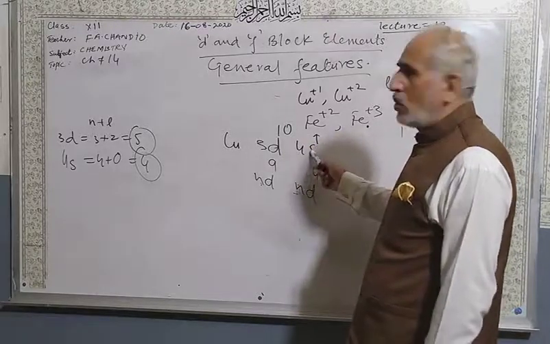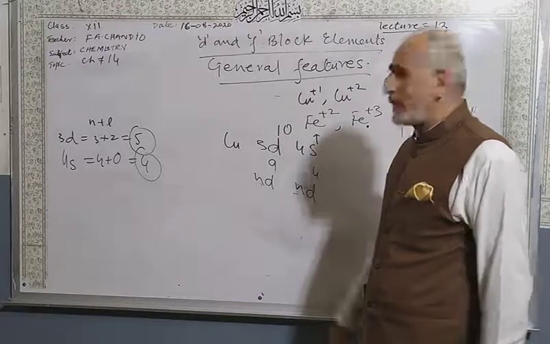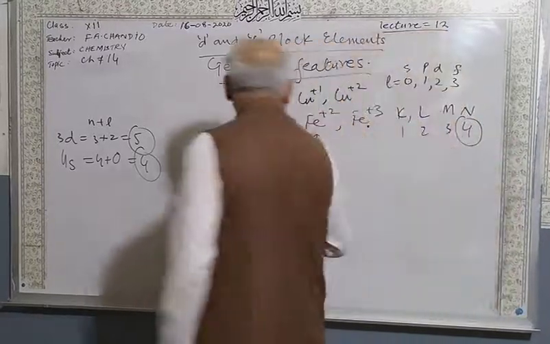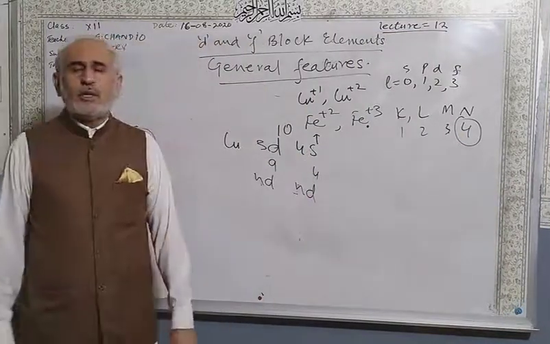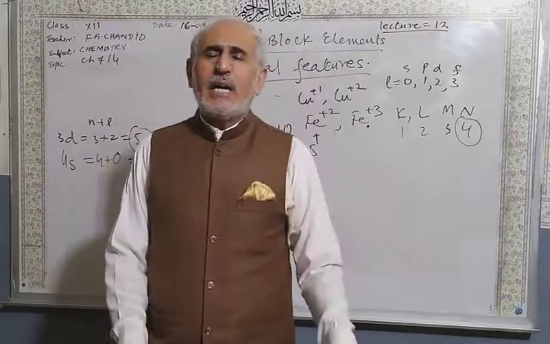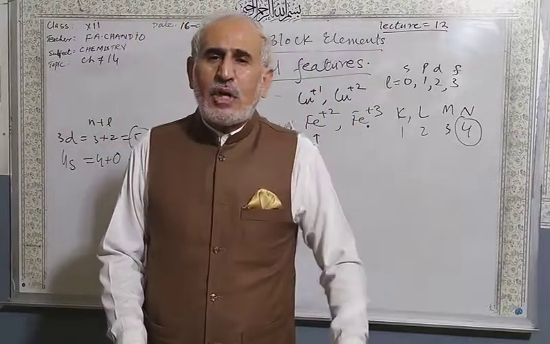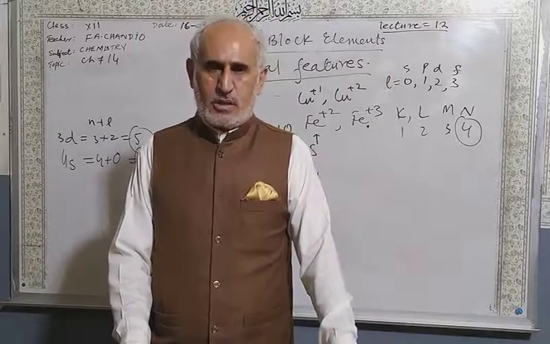There are 2 in s, so you remove 1 electron from here and make it 10. Same here: shift an electron from s to d to make 5. So please make 5 and 10 if there are 4 and 9. This rule is only for 4 and 9, not others.